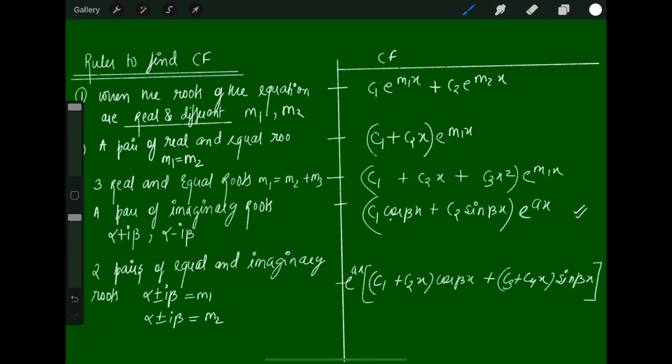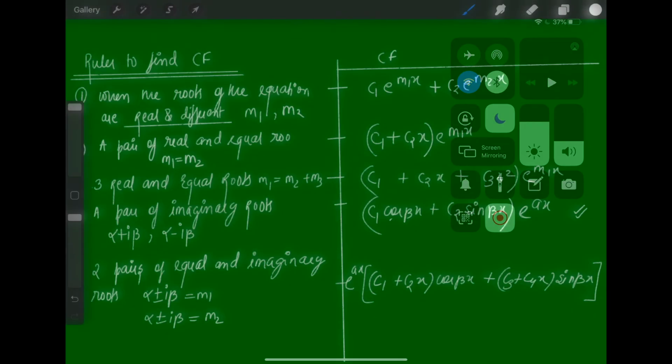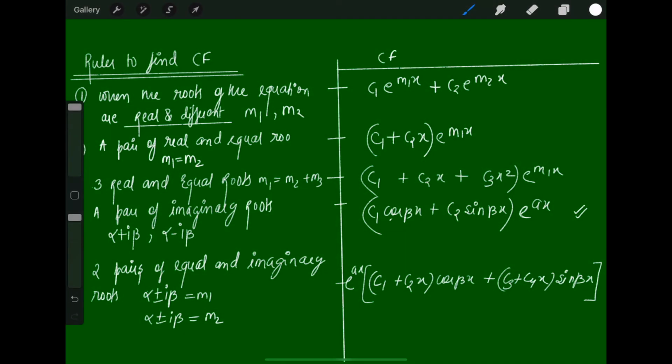When there are 2 pairs of equal imaginary roots, alpha plus minus i beta, alpha plus minus i beta, both equal imaginary pairs, then the complementary function is defined as e^(alpha x) whole bracket (C1 plus C2 x) cos beta x plus (C3 plus C4 x) sin beta x.